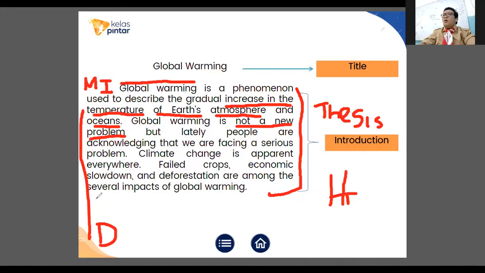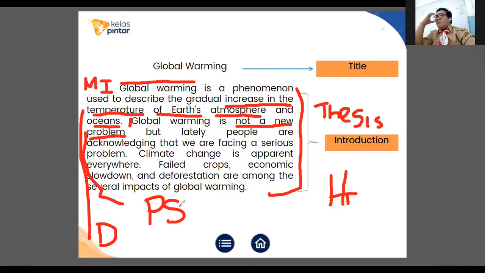global warming, it's not a new problem. Okay, by looking at this sentence, then we can say that it's his or her personal statement, ya. Kalau dia bilang ini bukan masalah baru loh, maka itu adalah pernyataan pribadi. Ya, he or she is expressing his or her personal statement.